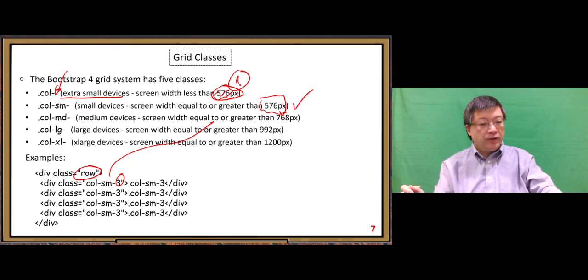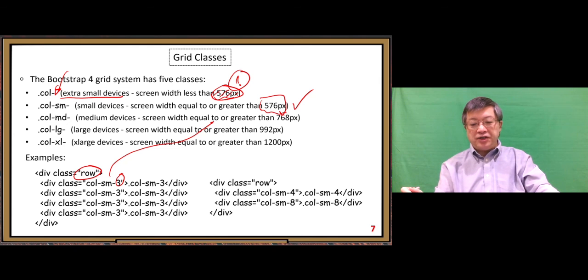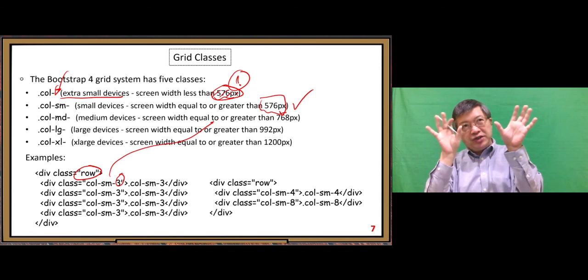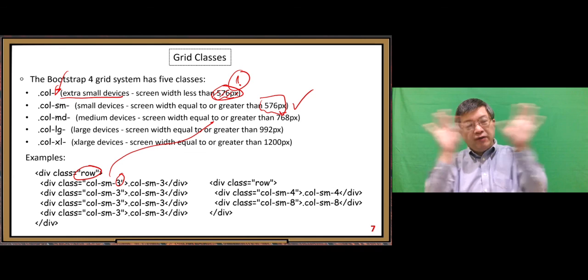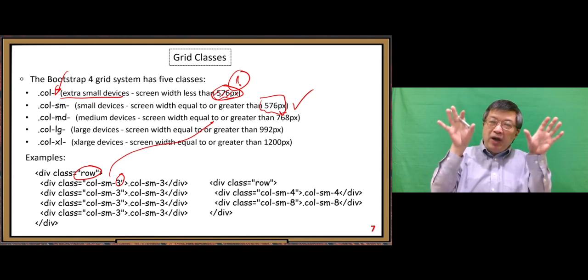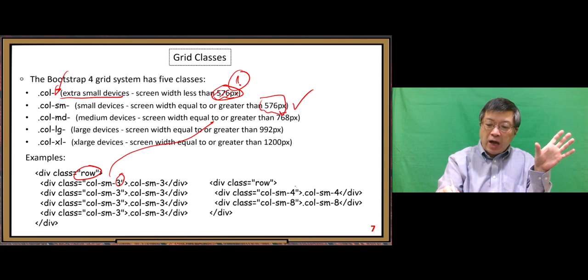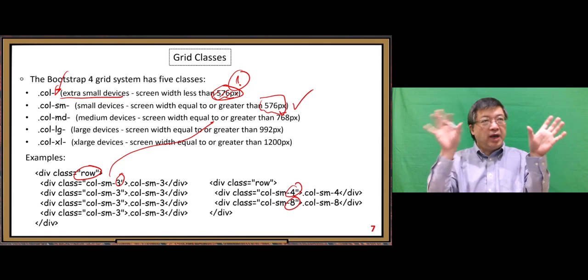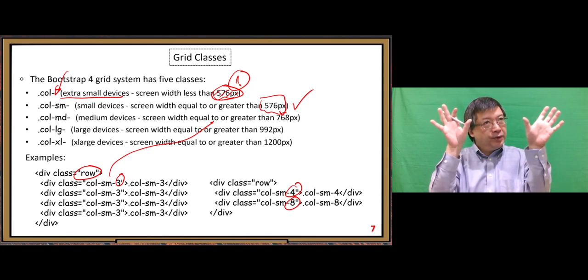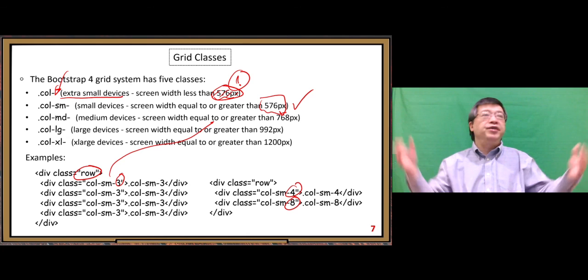That is the first example. For the second example, we arrange slightly differently. The 12 columns we split into 2 parts. The first one, 4 columns. The second one, 8 columns. They add up to 12 and leave no space.